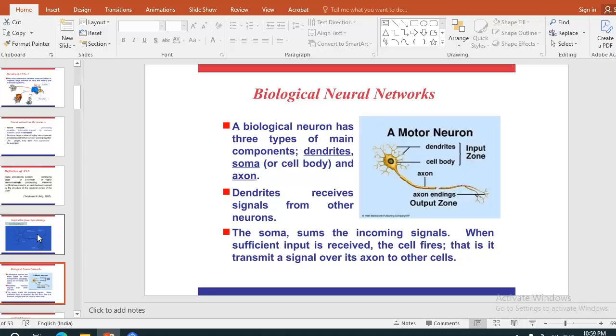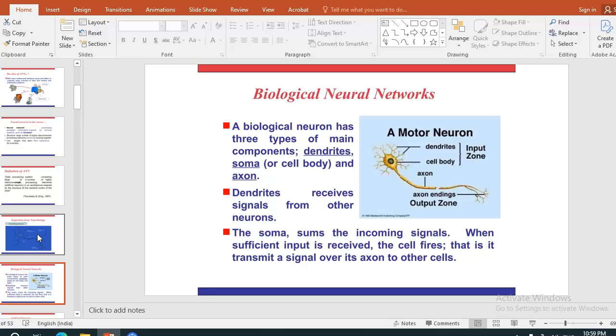In a similar manner, we have to make an artificial neural network to process the input data from the input unit to the output unit. Normally, an artificial neural network consists of an input unit, a processing unit, and an output unit. We can compare it with the biological neural network.